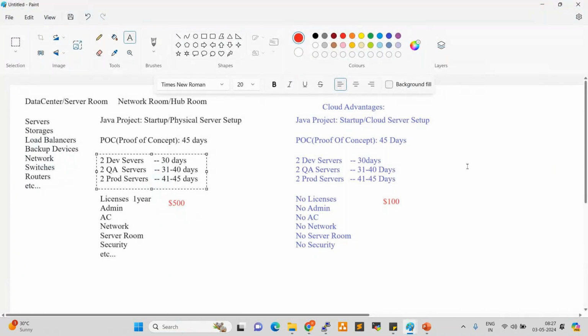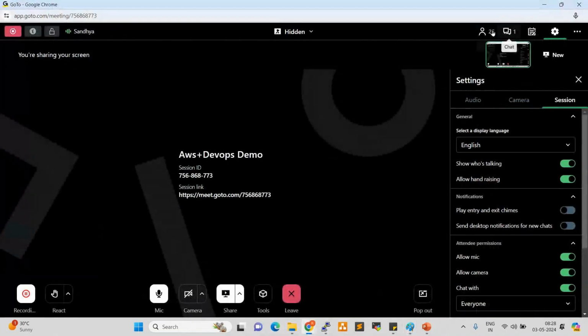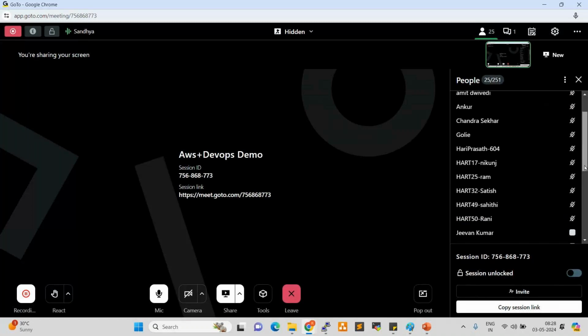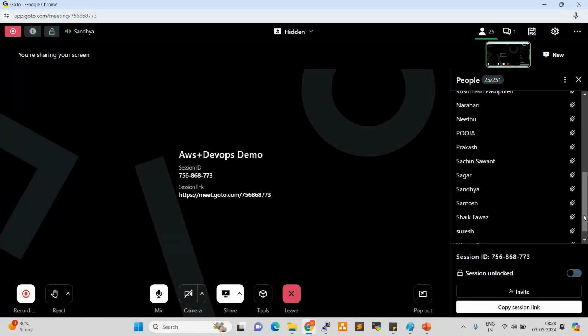In data centers, we have all physical servers. Yes, physical servers only. Even in an Amazon data center, they have physical servers, and we are accessing them virtually.